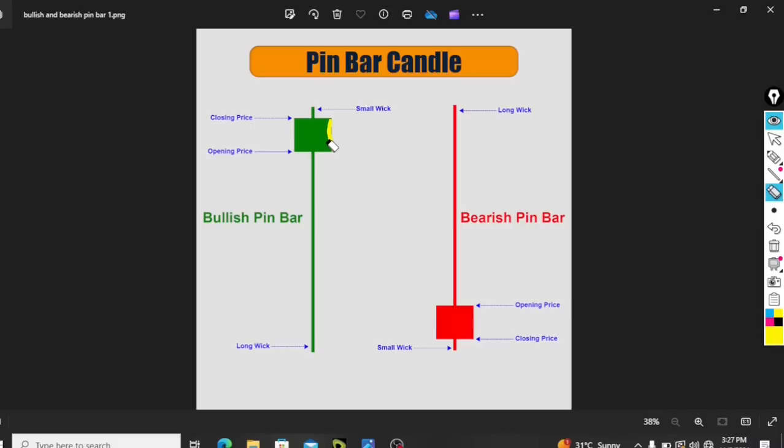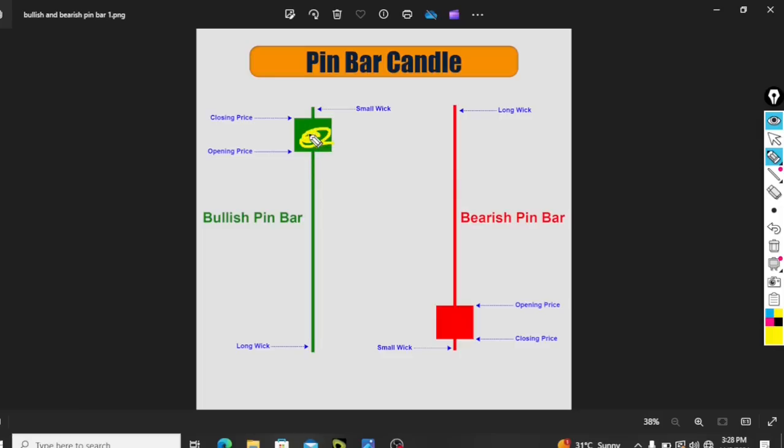So whenever you are using a moving average and you discover that there has appeared a bullish pin bar, and this bullish pin bar is at the support level and the moving averages are under it, for example, if you are using a 50 moving average, 100 moving average, or 200 moving average, and this candlestick pattern, the bullish pin bar, appears on top of those moving averages, it doesn't matter the color, whether the body is red or green.